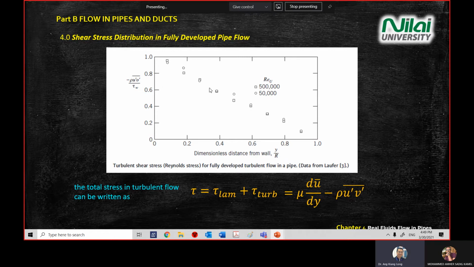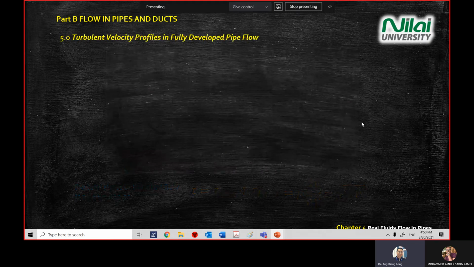So this is one of the experimental data from Laufer, where this researcher did it for Reynolds numbers 500,000 and 50,000. Both give you the turbulent condition, and you see that the relationship between these two cases in the experiment is quite near. Both of them give you almost a linear relationship between the two parameters that you plot on the y and x axis.